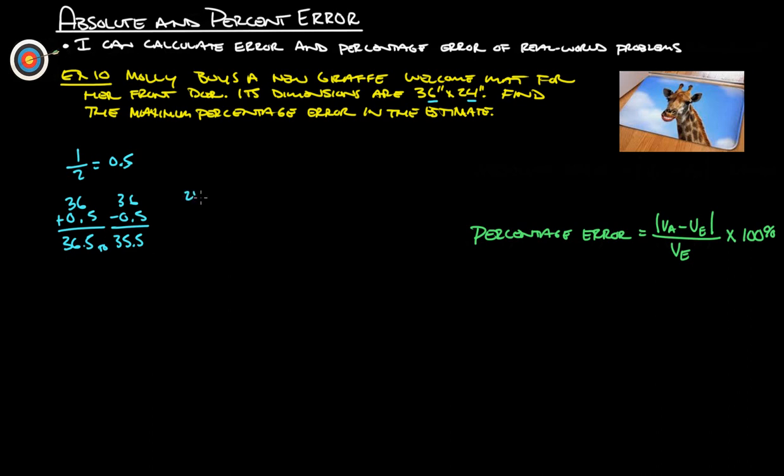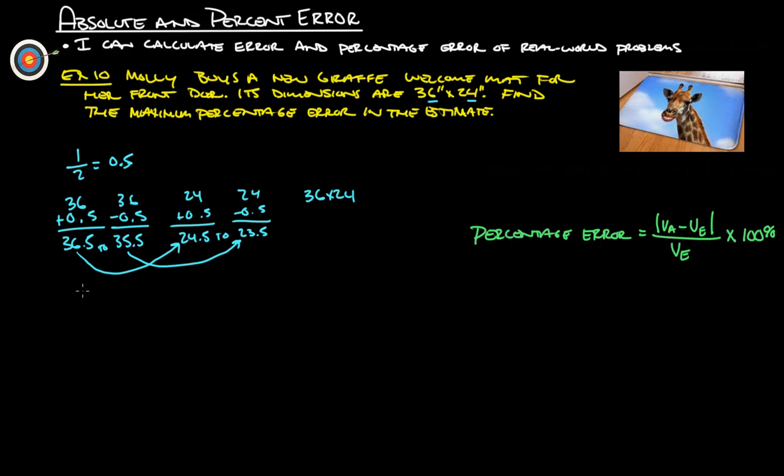Then we take 24 plus 0.5, which is 24.5, and 24 minus 0.5, which is 23.5. So the biggest it could be is 36.5 times 24.5, and the smallest would be 35.5 times 23.5. Our actual estimate was 36 by 24.